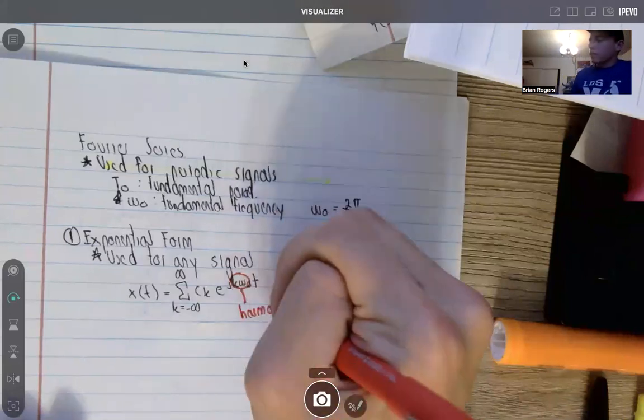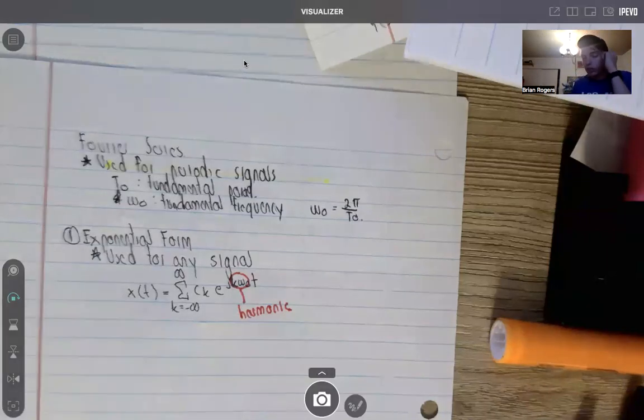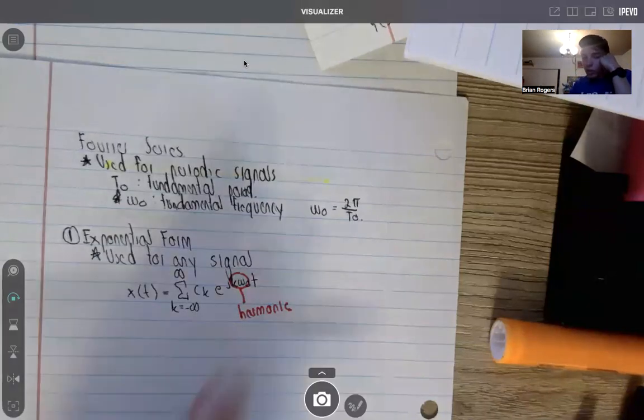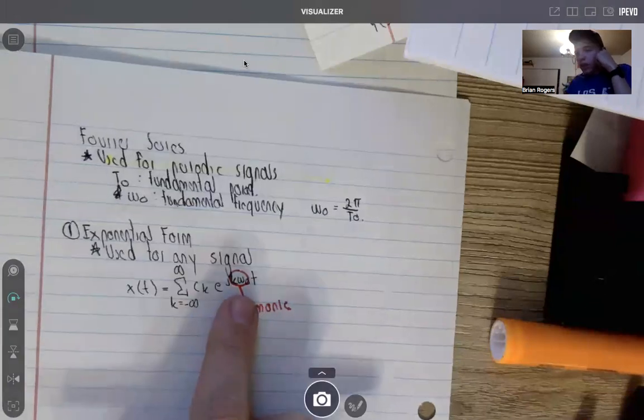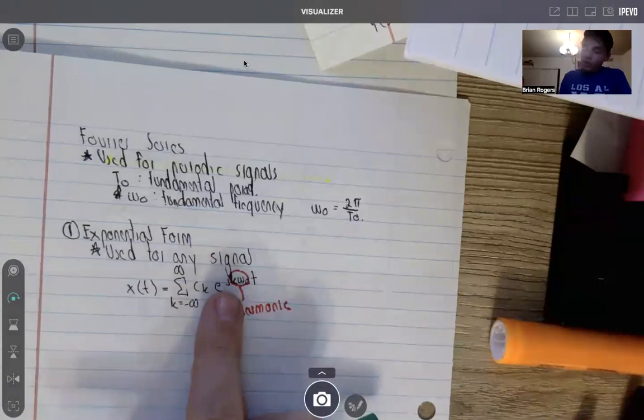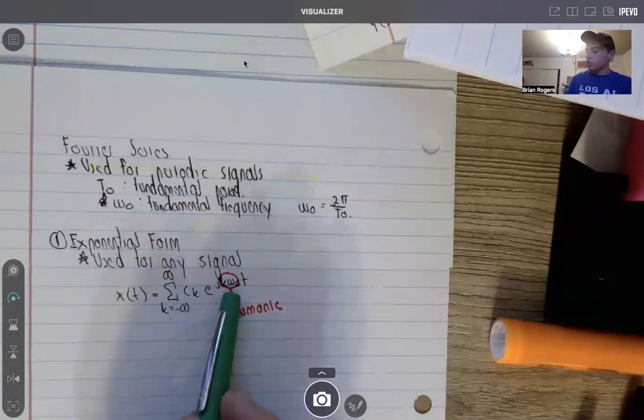The harmonic is at different multiples of the fundamental frequency, so it could be 1 omega naught, 2 omega naught, 3 omega naught.